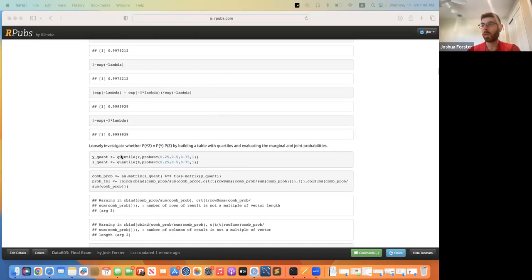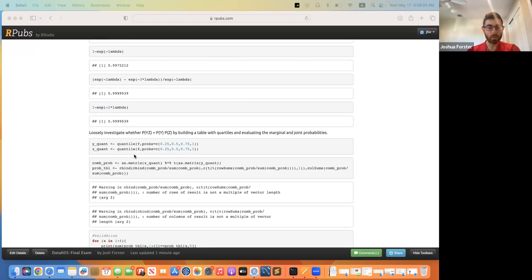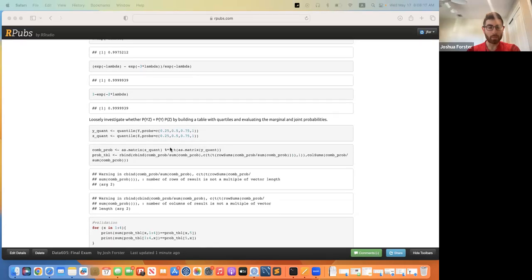Okay, so the next step is loosely investigating the marginal and joint probabilities based off of quartiles for the two distributions when you multiply them together. What I did here was take the standard quantiles, and then I did matrix multiplication to combine them to see what the joint probabilities are.